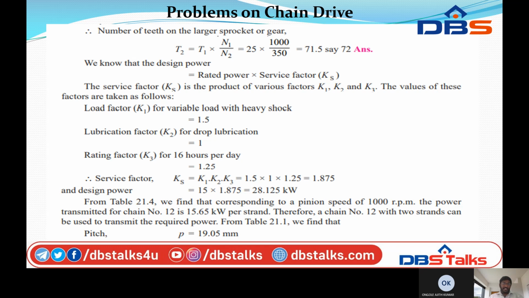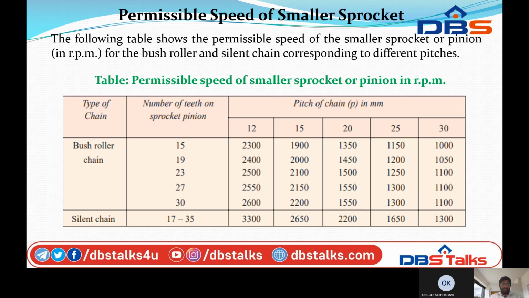So we can calculate the design power. The design power is 28.125 kilowatts. So we can see the table for the power transmitted. This is approximately the value. This is the pitch of the chain number 12, a bush roller chain, which is used in the problem.